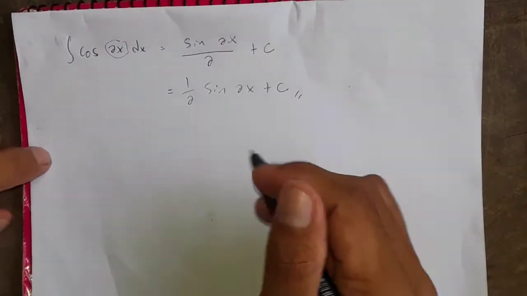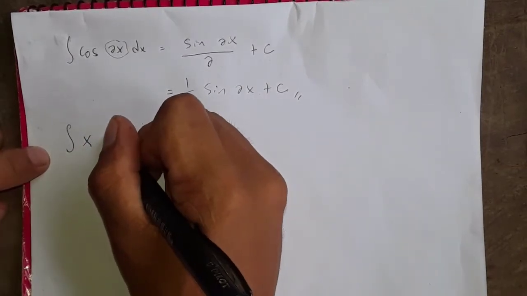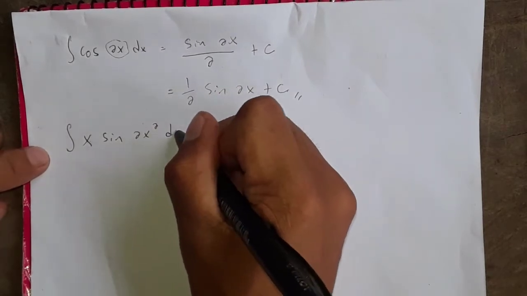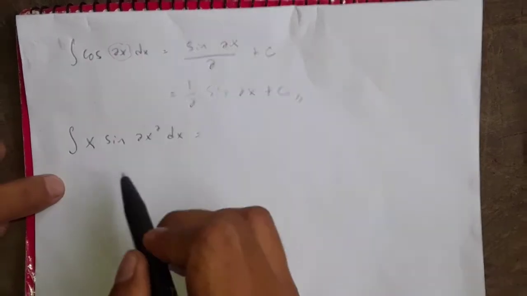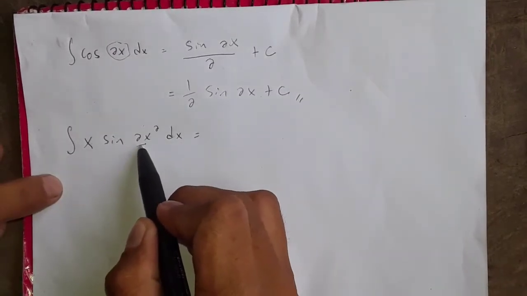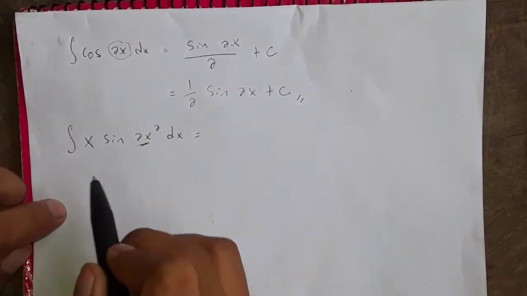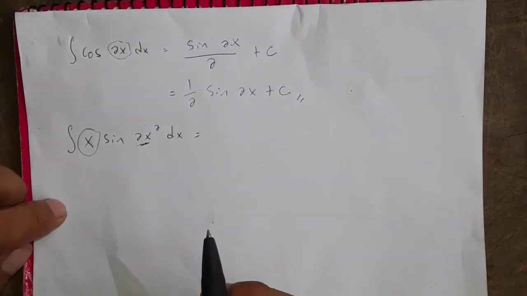Next, how about if we're going to integrate x sine of 2x squared dx. From this function, as you can see, if we differentiate the inside, the answer would be equal to the outside multiplier of the function.